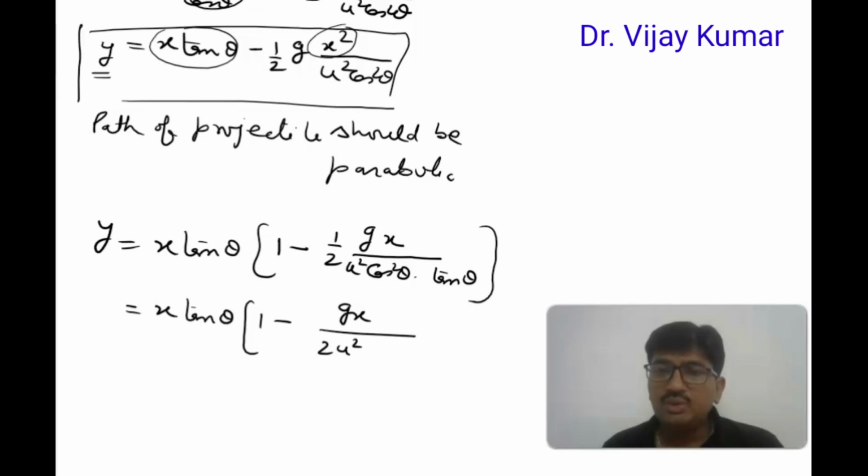Tan theta is sin theta upon cos theta, one cos theta cancels out, so it becomes sin theta cos theta, and 2 sin theta cos theta is sin 2 theta.